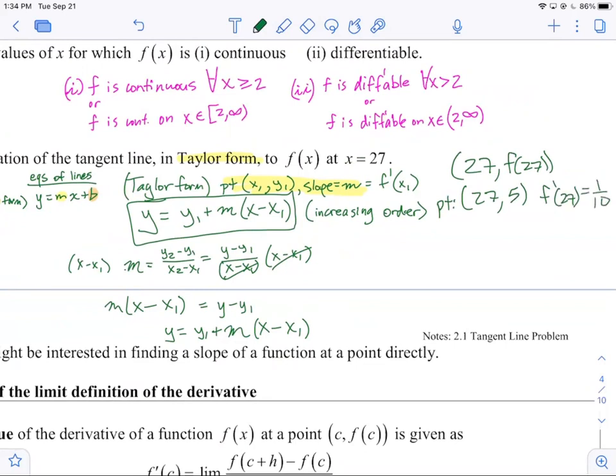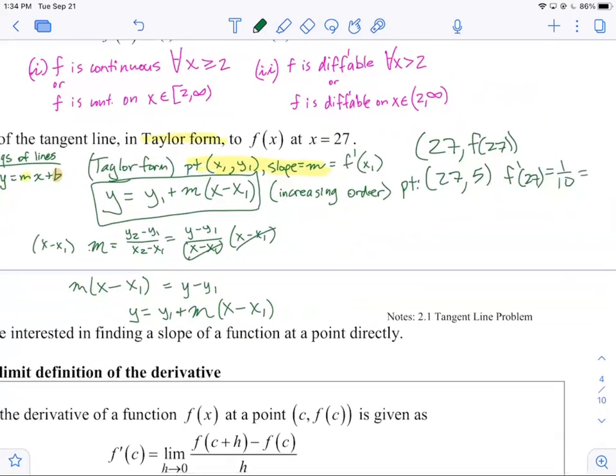Now that I have my point and my slope, all I have to do is drop it into Taylor form. So y equals the y value, 5, plus the slope, 1/10, times x minus the x value of 27. And that's it. That's the equation of the tangent line.